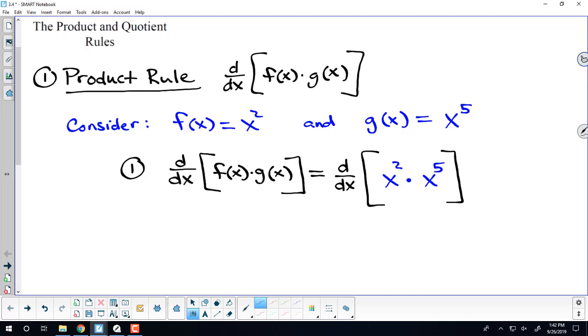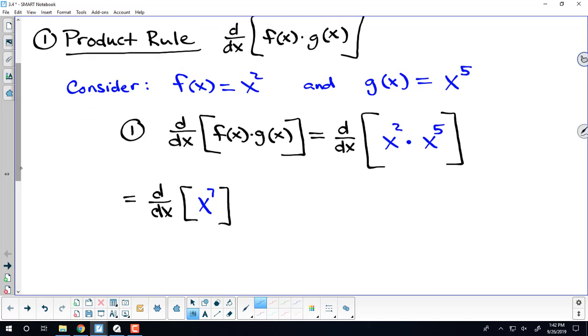So certainly, at this point, I don't know how to take the derivative of the product as a separate kind of thing, but since they're similar, I can multiply them out algebraically and say that's the same thing as taking the derivative of x to the seventh. Right? Hopefully no one disagrees with that. And we know the derivative of x to the seventh is 7x to the sixth. So that's the derivative of the product f times g.